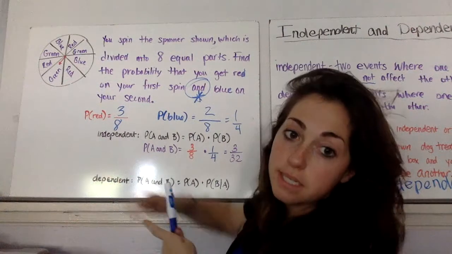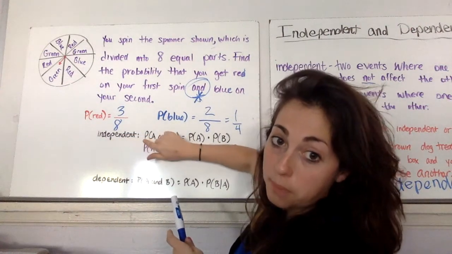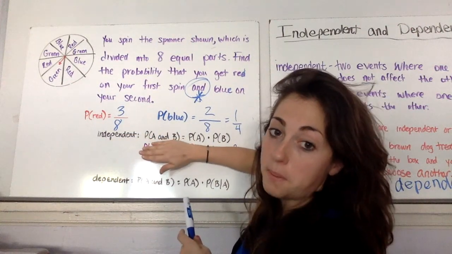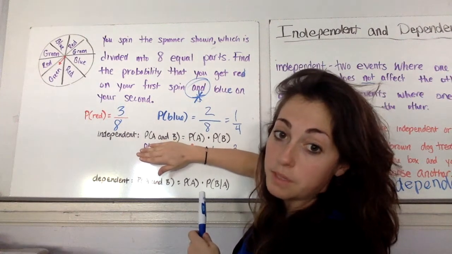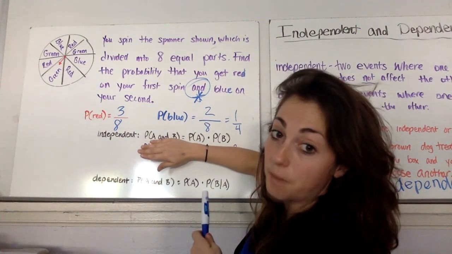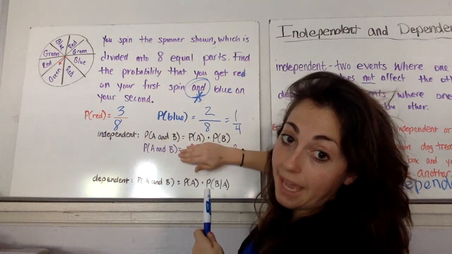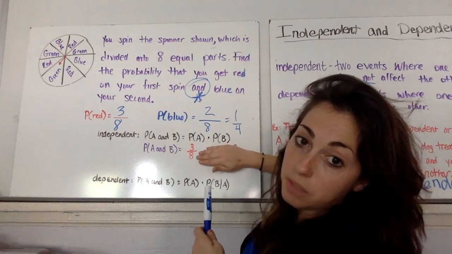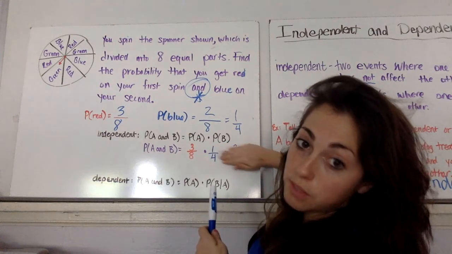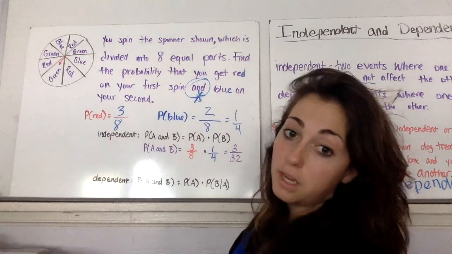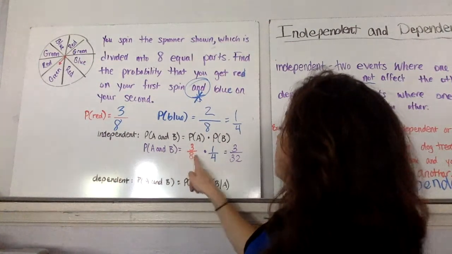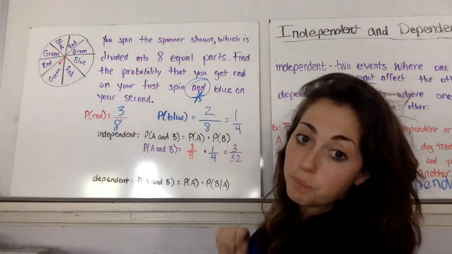For independent events, the probability of A and B is the probability of A times the probability of B. Get that down. A is 3/8, B is 1/4. We multiply and get 3/32: 3 times 1 is 3, 8 times 4 is 32.